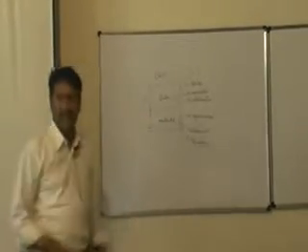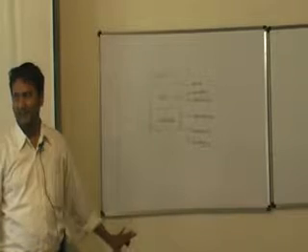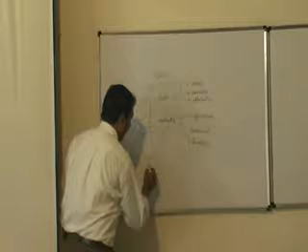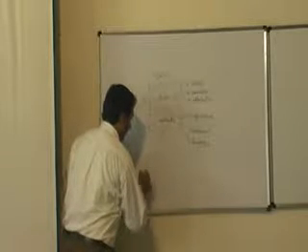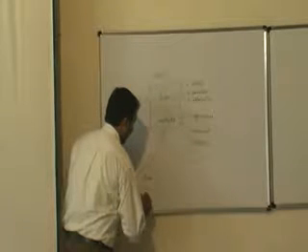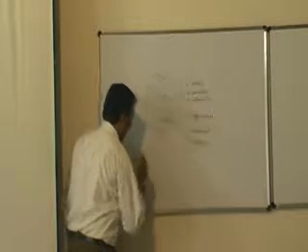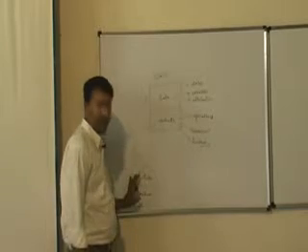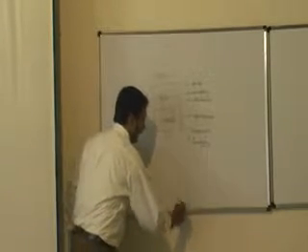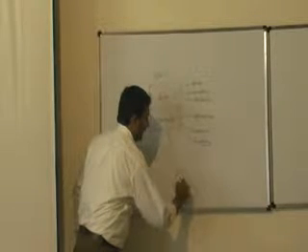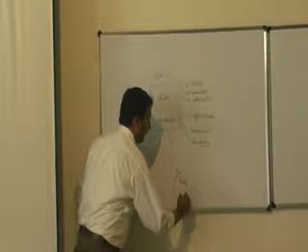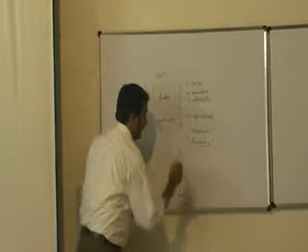Now, what is an object of this class? The object of this class would be data and methods. This is one object of this class. Now, this is another object.